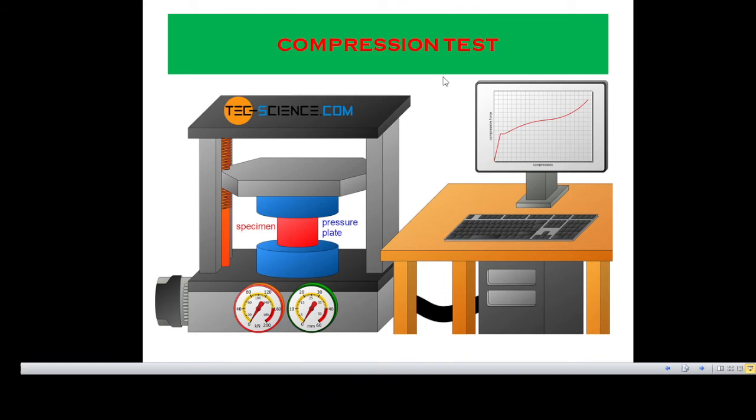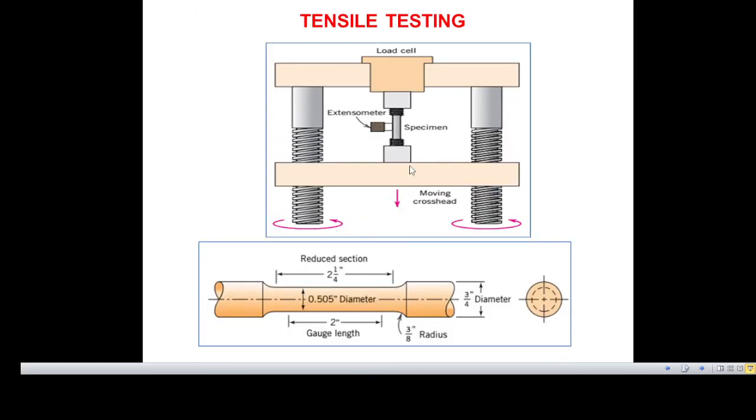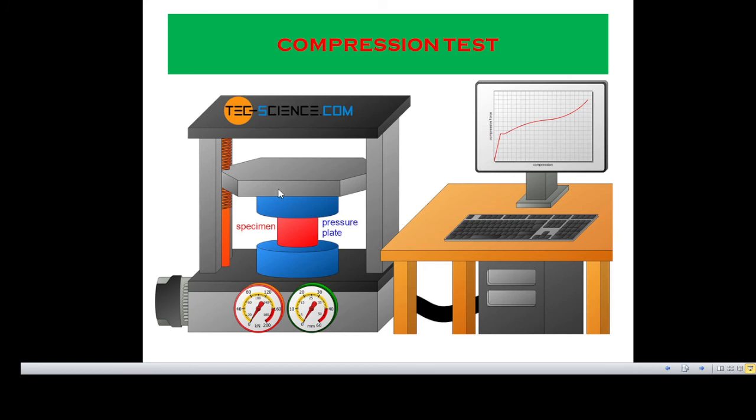Now during the compression test we have to put the specimen in the bottom part, that means the upper part is reserved for tensile testing and the bottom part for compression testing. Now here this is the setup for the compression test, this is the specimen, and if this part moves in the upward direction and this one remains fixed, then in this specimen there will be compressive force.